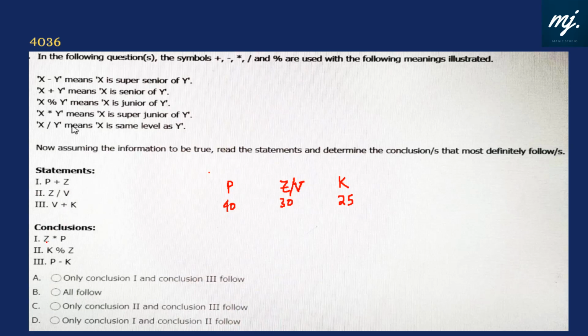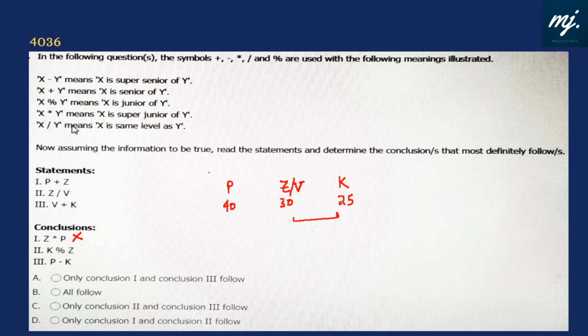Now the conclusion. Z asterisk P. Asterisk means super junior. Z is super junior of P. But Z is just junior of P. Conclusion 1 doesn't follow. Conclusion 2. Percentage. K and Z. K is junior of Z. K is junior of Z is true. This is junior, this is super junior.